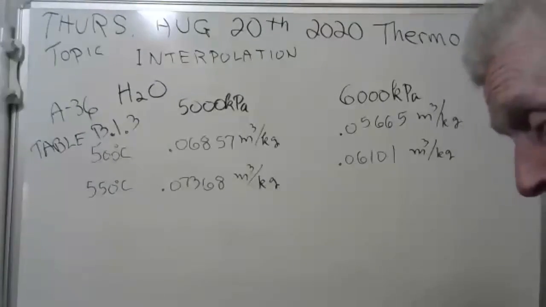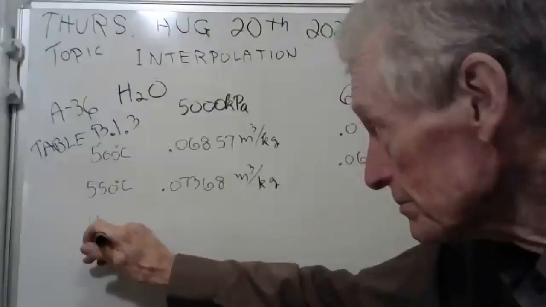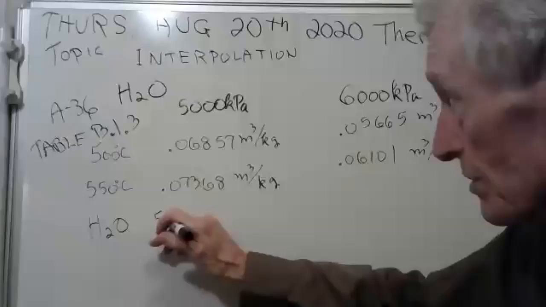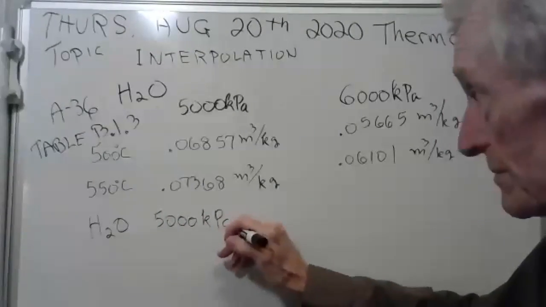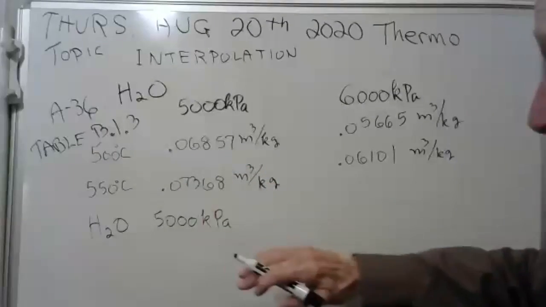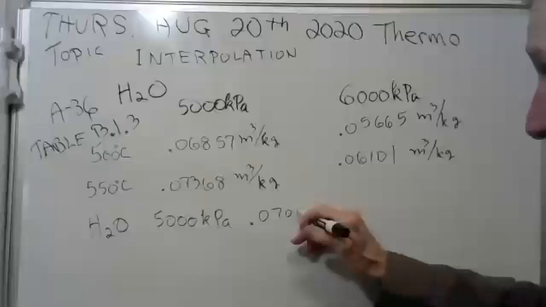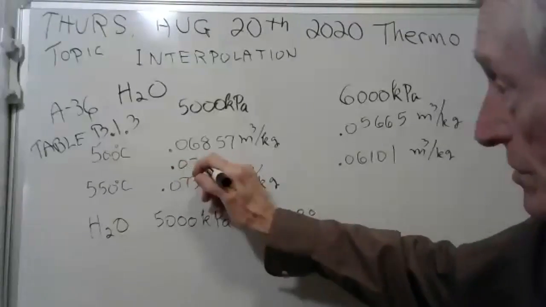Now this time we're going to go backwards. This time I'm going to give you water. I'm going to give you 5,000 kilopascals, but I'm going to give you the specific volume. Suppose the specific volume is 0.070. Hey, this time we know this.